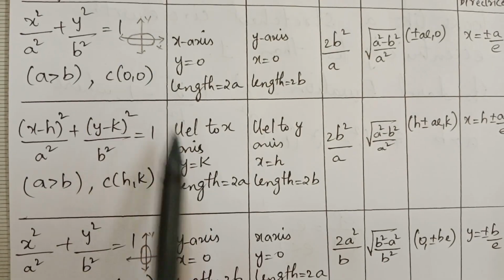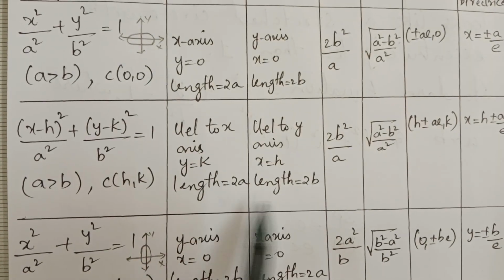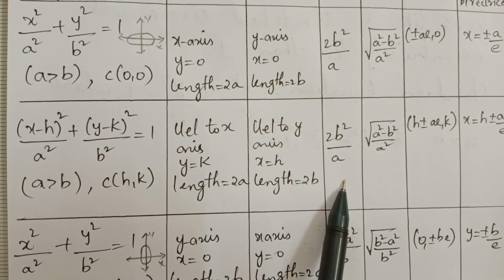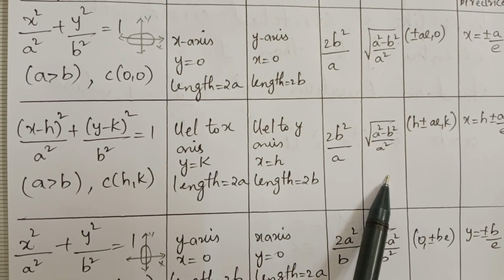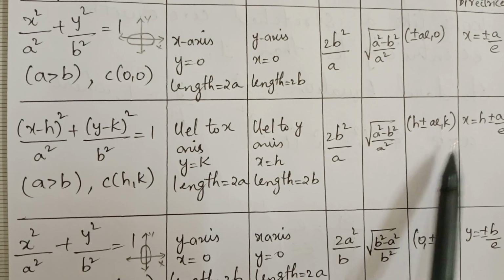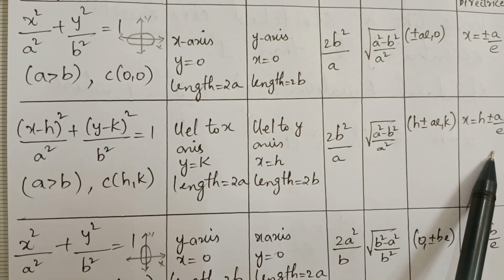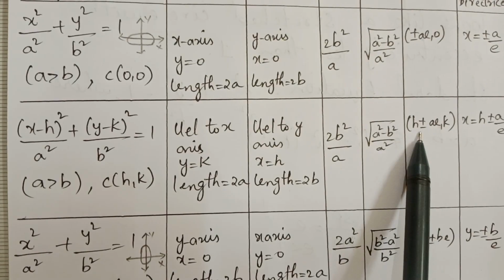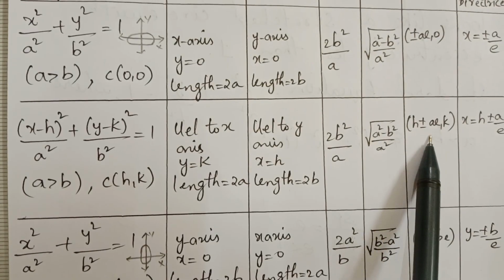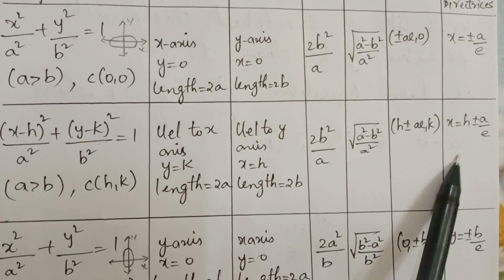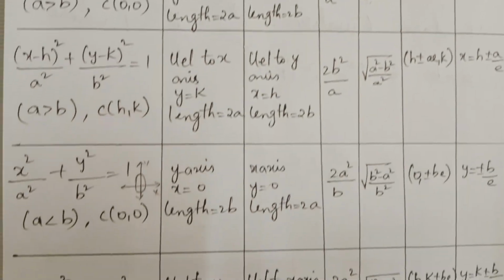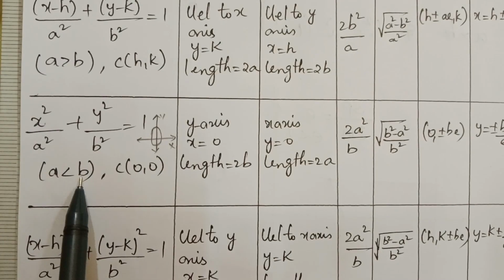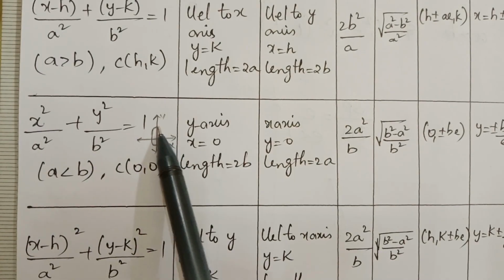The major and minor axes remain the same, the latus rectum remains the same, and the eccentricity is also the same. The only difference is for the foci and for the equation of the directrix. Since we have the center h comma k, we have to put the values of h and k here. The next form is where a is less than b. In this case, the ellipse is a vertical ellipse.